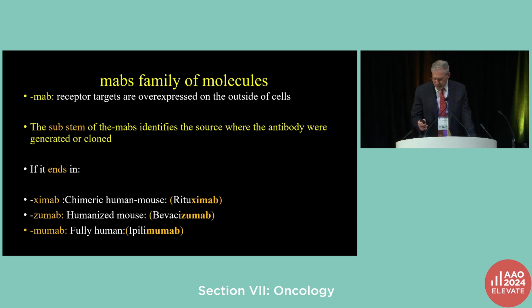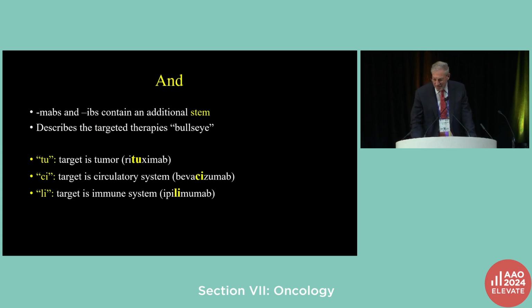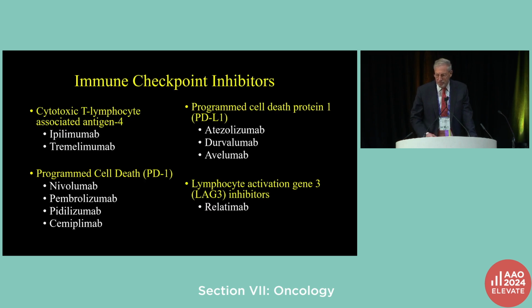Mumab, fully human, ipilimumab. The targeted therapy bullseye is the TU for rituximab if it's tumor, CI if it's circulatory system, and LI if it's the immune system. We've now got 4 groups: CTLA4, for which the Nobel Prize was given, PD-1, PD-L1, and now the LAG-3 inhibitors.